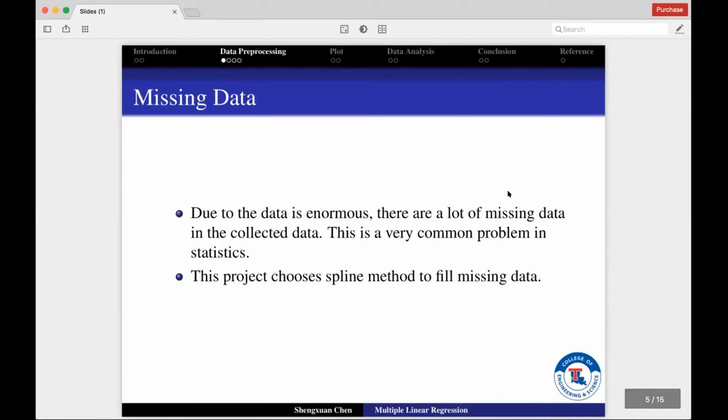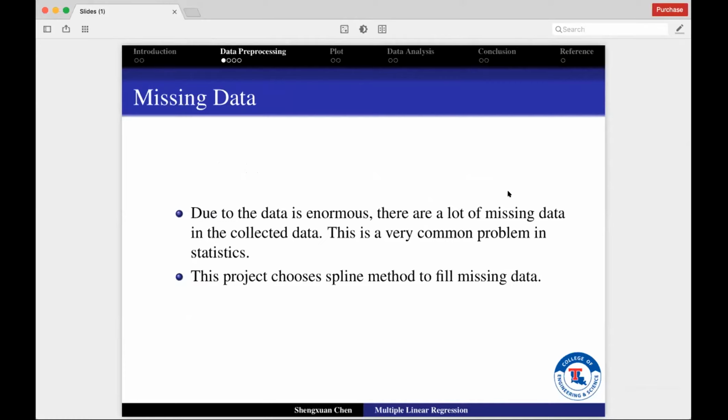During the process of data collection, recording, or calculation, some data may be missing or abnormal. If the data is analyzed without pre-processing, the result will be completely different from the expected result. So pre-processing data is an important step.